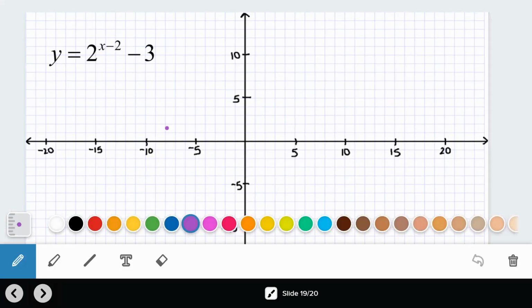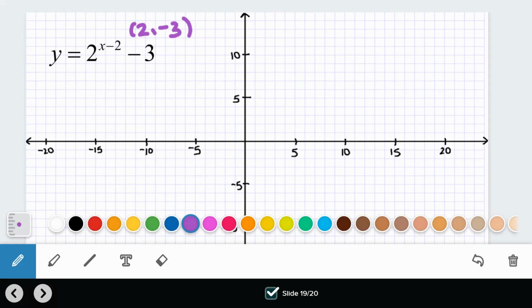Okay, this one, we have a locator point at 2 comma -3.